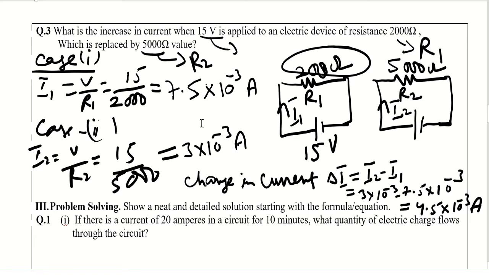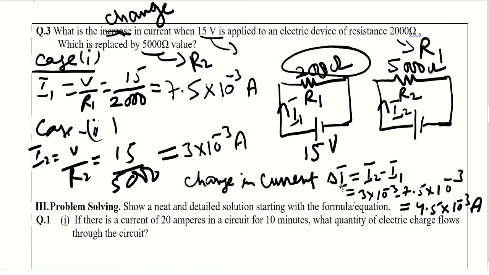So it is better to say in the question, what is the change in the current when the 2000 ohm resistance is replaced by 5000 ohm resistance.